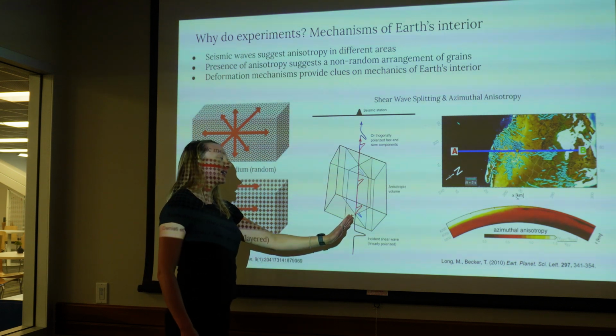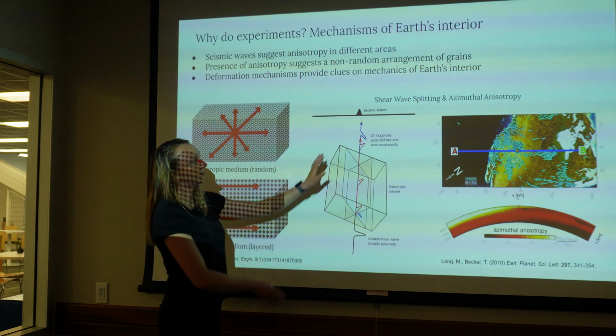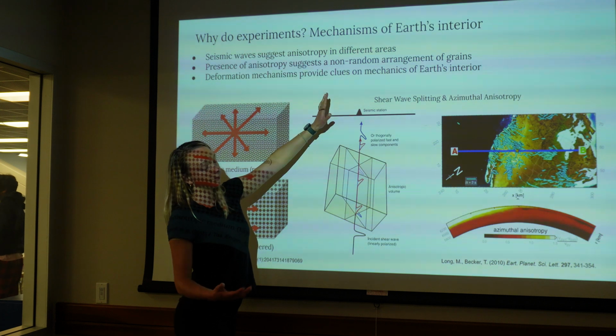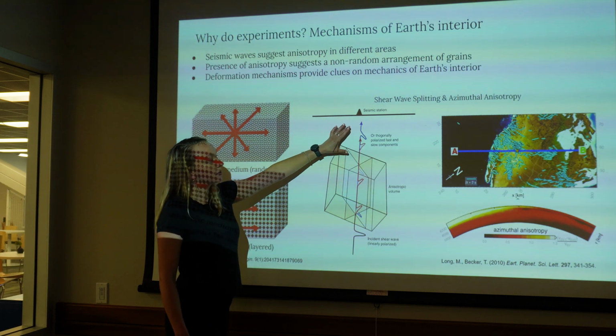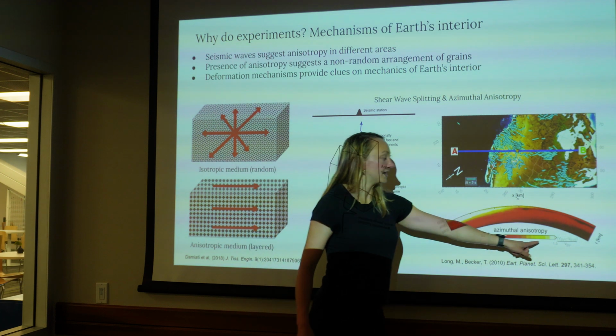When it hits that anisotropic volume, it splits into a fast wave and a slow wave. Those fast and slow waves are then measured by a seismic station somewhere on the surface of the Earth, and the difference between them can tell us the degree of anisotropy in the medium.